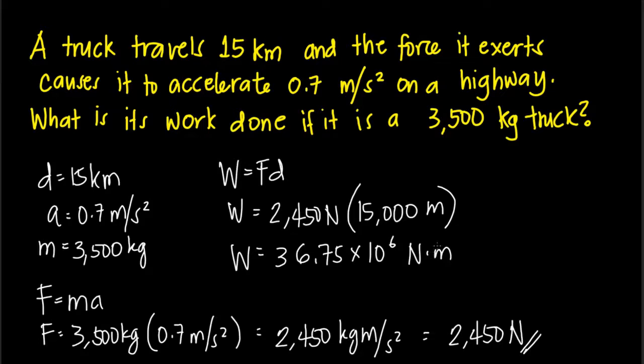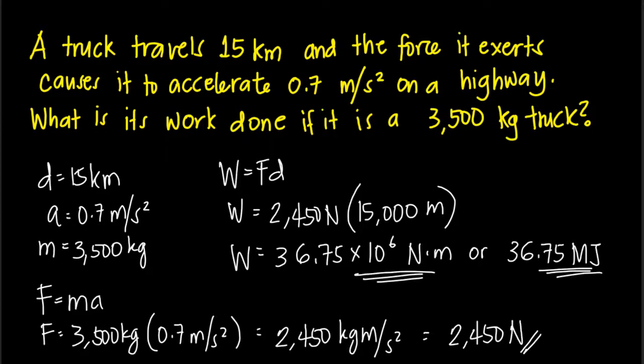If you want to use prefixes, you cannot use that with Newton meters, but you can use that with joules. So you can say that the work done by the truck is 36.75 times 10 to the 6 joules, that's megajoules. Okay? So only joules can use prefixes. Meanwhile, with Newton meters, you can only go as far as scientific notation.